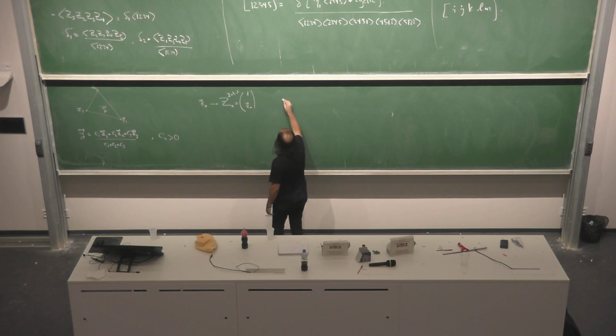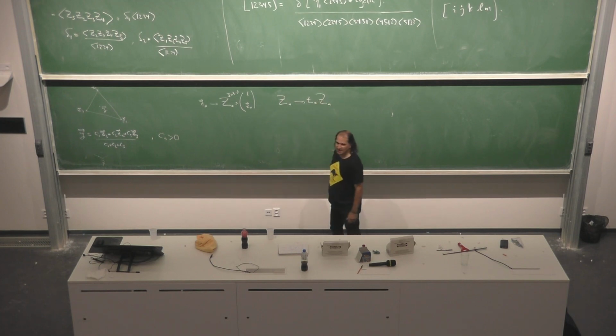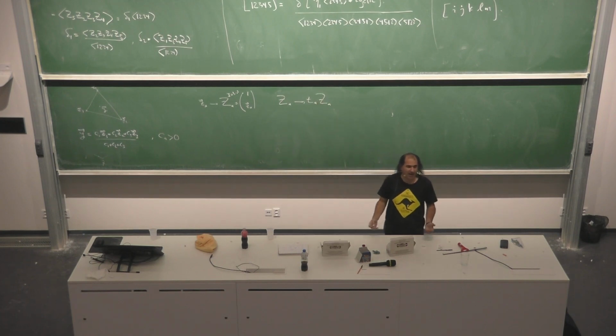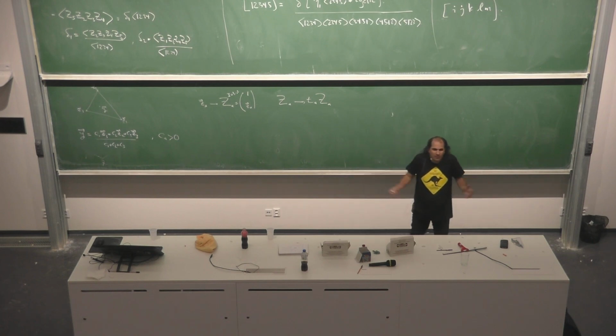Okay? But the important point is that whatever I do with these ZAs should be invariant under rescaling. Okay, so that's what it means that it's projective. So in particular, I can always use the T to rescale the top component to 1 if I like. Okay, and that brings me back to the original picture. Okay, so far so good? So there's no information loss.